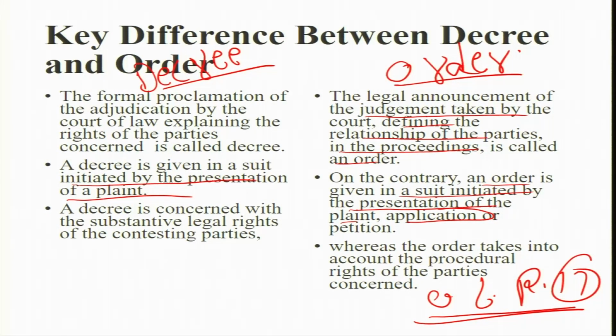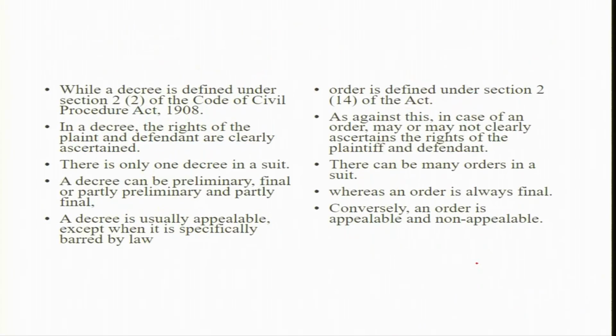So in the same suit you can get different orders as per the need and the demand of the concerned parties. These are basically deciding substantive and also other procedural rights.